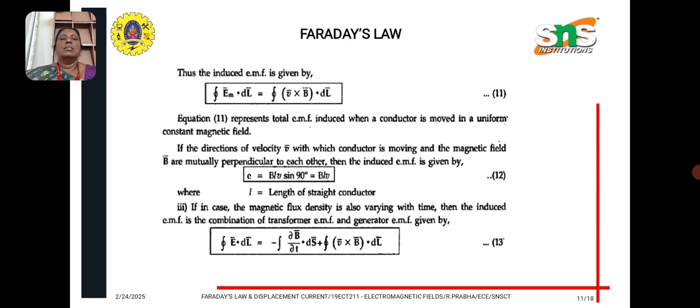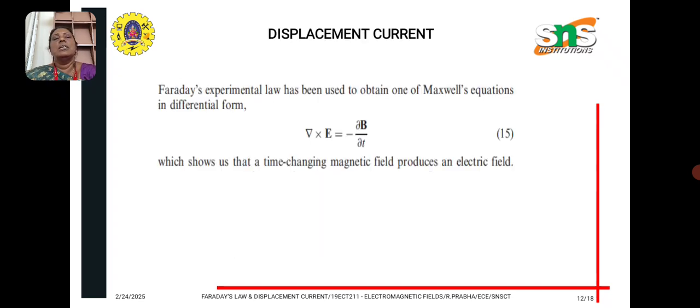So now the third condition, in case the magnetic field density is also varying with time, then the induced EMF is the combination of transformer EMF and the generator EMF, and is given by integral over the closed path E dot dl is integral of minus dou B by dou t dot ds plus integral over the closed path (V cross B) dot dl.